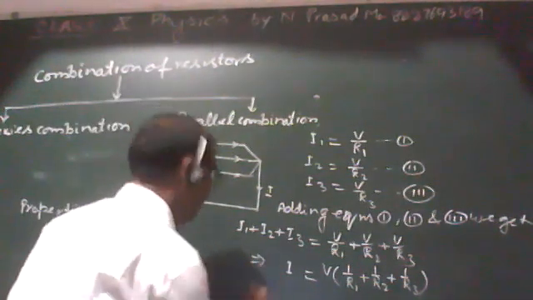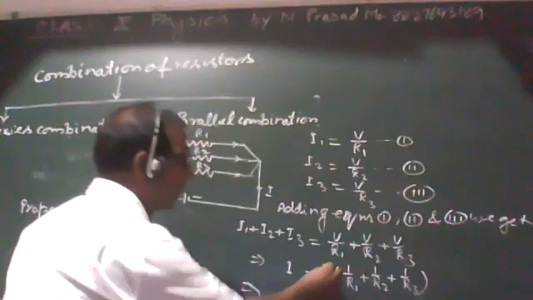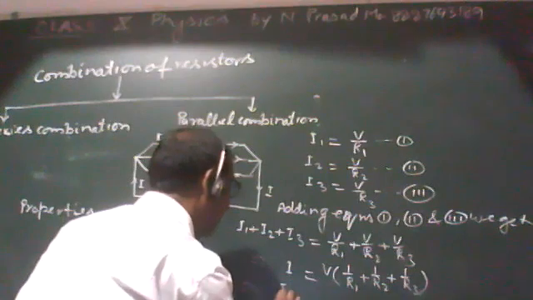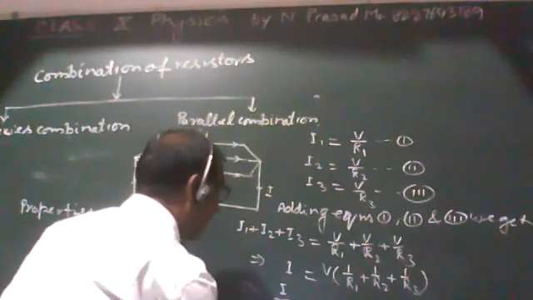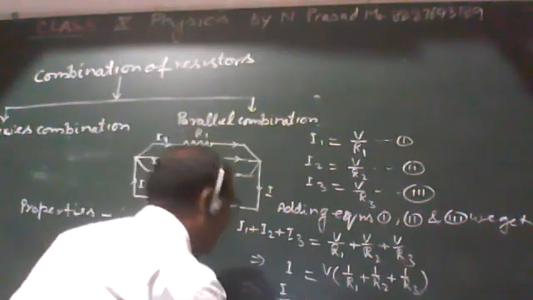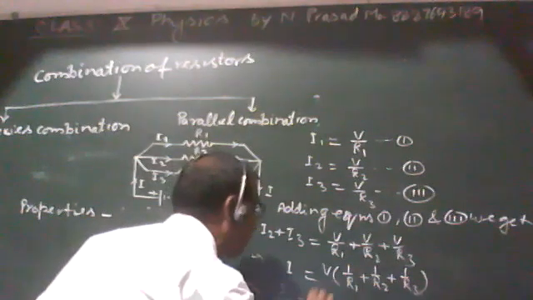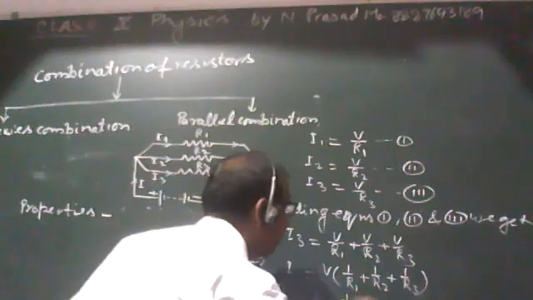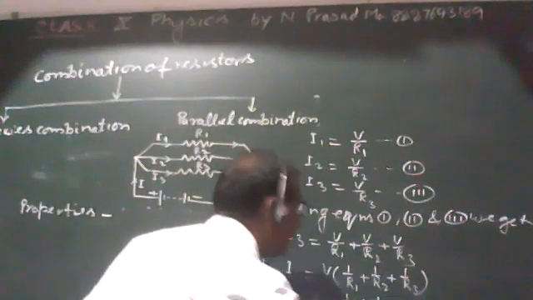Now transpose V to the left side, and it will become I by V. I by V is equal to 1 upon R1 plus 1 upon R2 plus 1 upon R3.